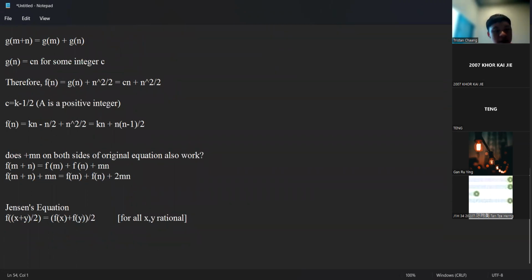This one looks very far off from Cauchy, because for Cauchy you want fx plus fy. I mean, not that far off in that sense, because on the left hand side you have a sum of x over 2 and y over 2. But on the right hand side, you're not given the sum of fx over 2 and fy over 2, but instead you're taking fx and fy together over 2.